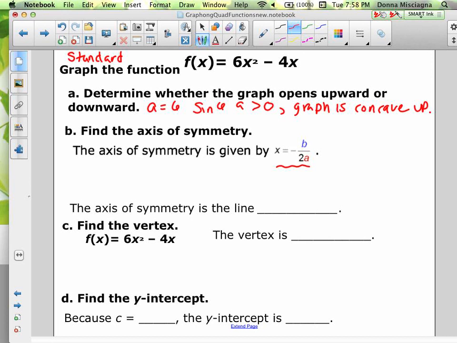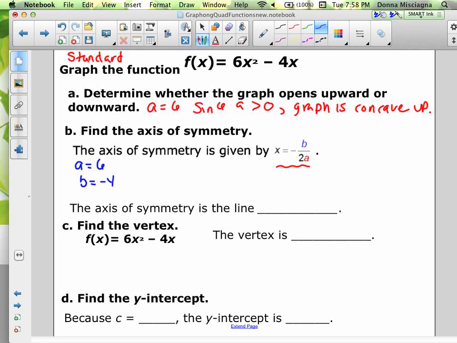All right, so we want to find the axis of symmetry. Our axis of symmetry, we identify A and B, right, and that's going to find the axis of symmetry and the vertex when it's in standard form. So our A, we know, is 6. B is negative 4.